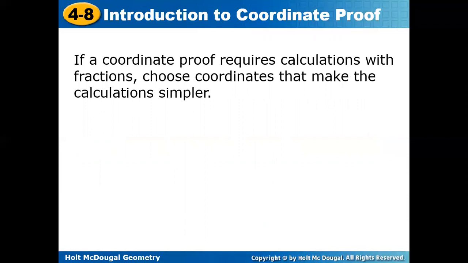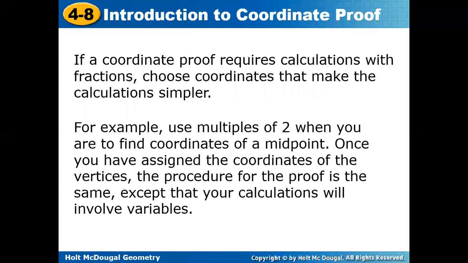If a coordinate proof requires calculations with fractions, choose coordinates that make the calculations simpler. For example, use multiples of 2 when you are to find coordinates of a midpoint.